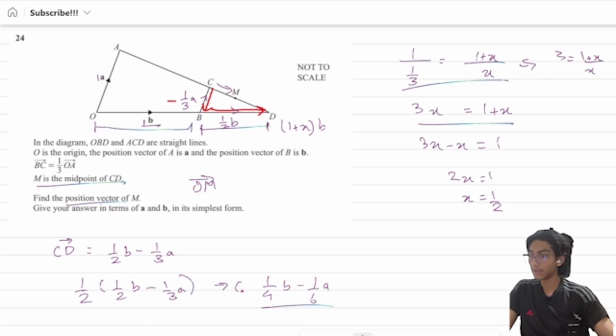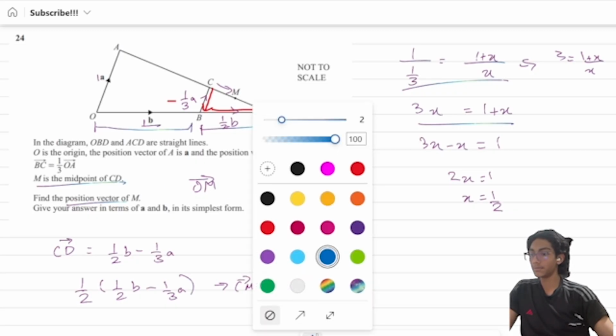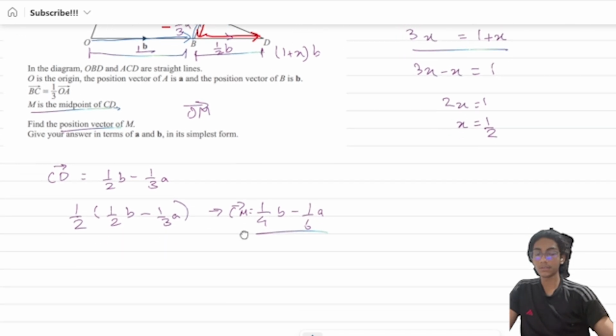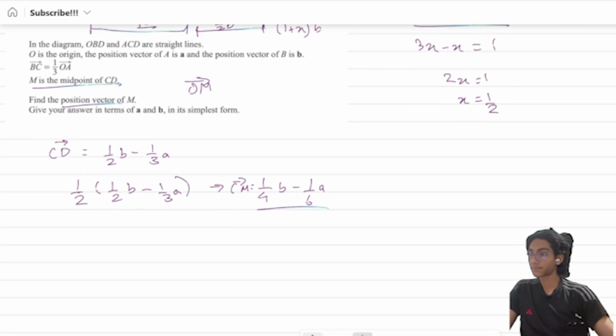Right? Now, remember what we said in the beginning? How do we get OM? Find a possible path. So you could go O to B, B to C, and C to M. Now that we have CM, this is possible, right?